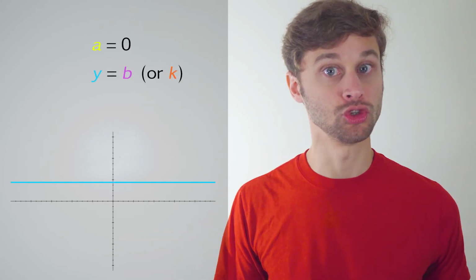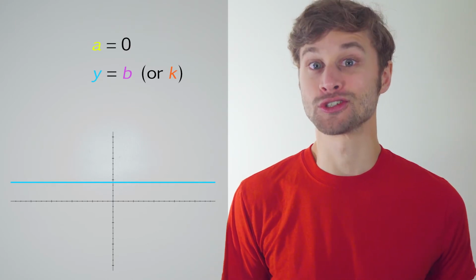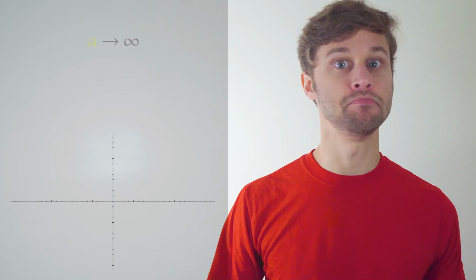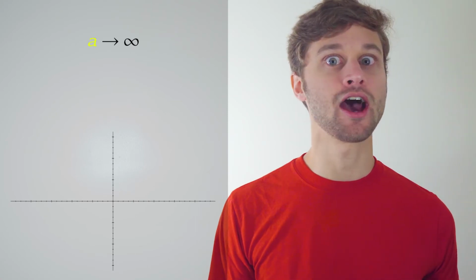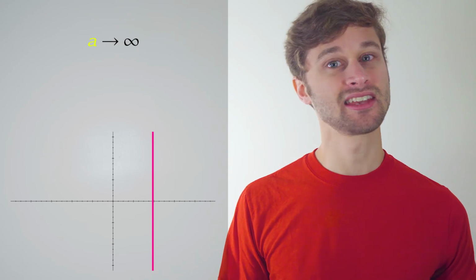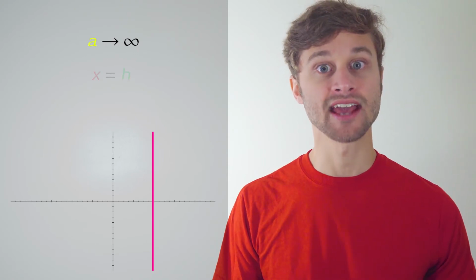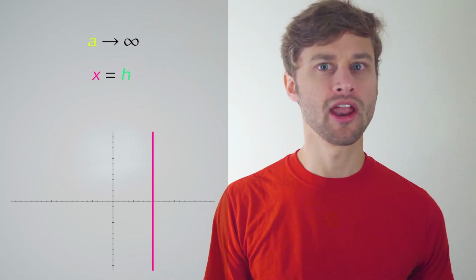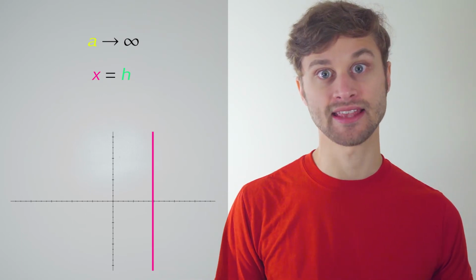Y is equal to some constant number, which is equivalent to a horizontal line. Now, if a gets bigger and bigger and starts to approach infinity, then we get a vertical line. This can no longer be represented by a function, but we can write it in the form x is equal to h, where h is the horizontal position of that vertical line on the x-axis.